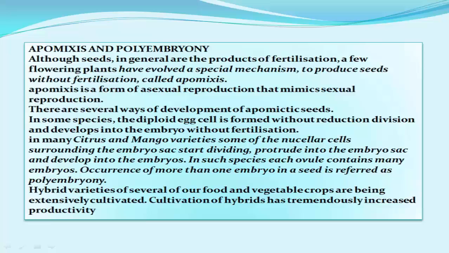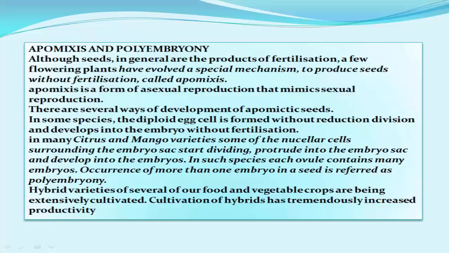In some species, the diploid egg cell is formed without reduction division and develops into an embryo without fertilization. In many citrus and mango varieties, some of the nucellar cells, which are diploid, surrounding the embryo sac start dividing and protrude into the embryo sac and develop into embryos.